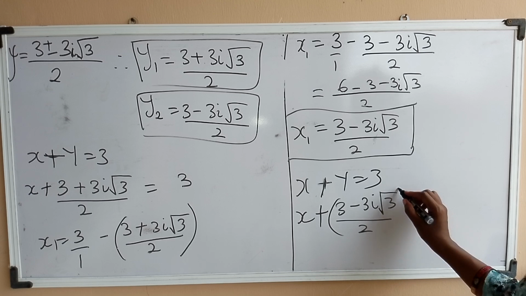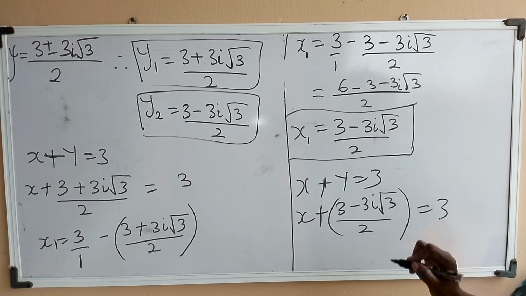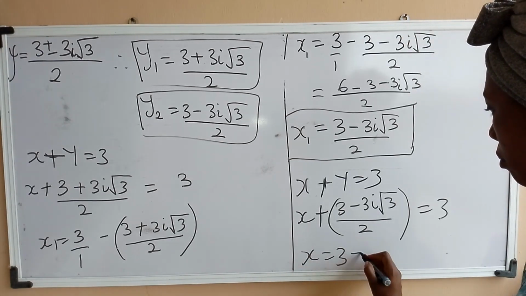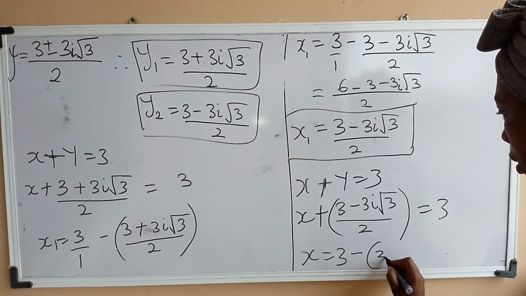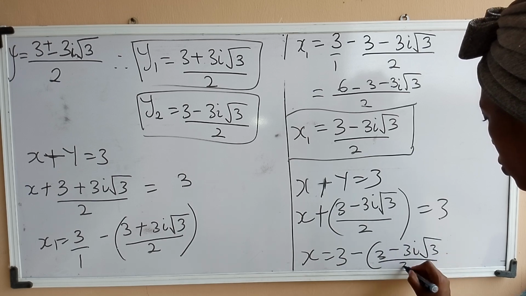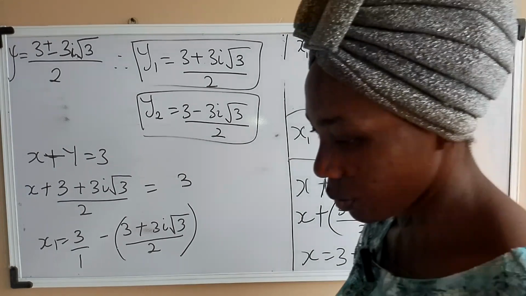Are we together? Equals 3. Okay, so we move this to this side. We have our x to be 3 minus 3i root 3 all over 2, like so.